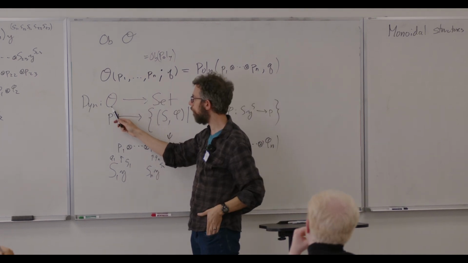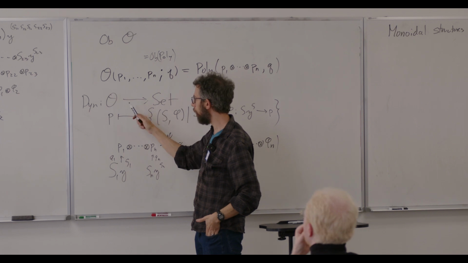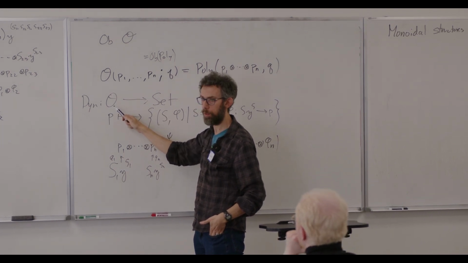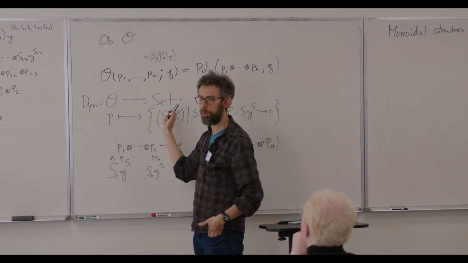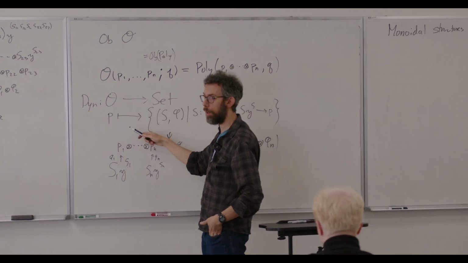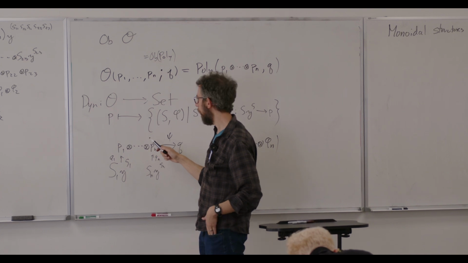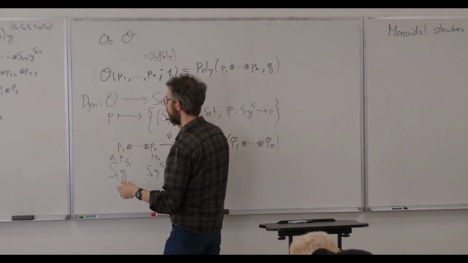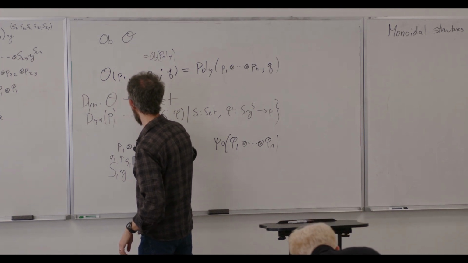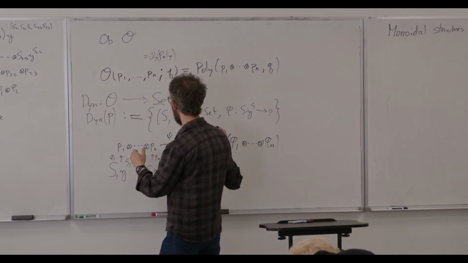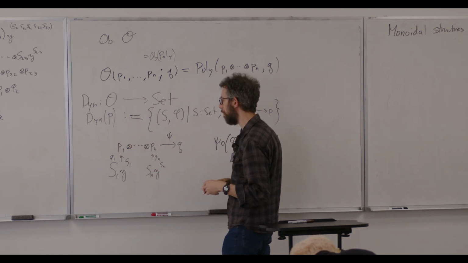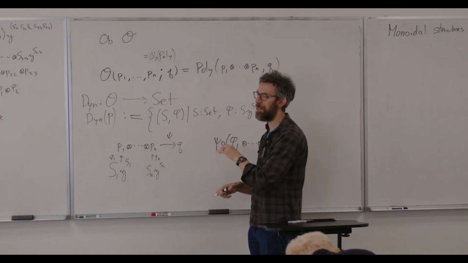So to give a functor from O to set, I tell you what it does on objects of O and on morphisms of O. For each object of O, I'm supposed to give you a set, and for each morphism of O, I'm supposed to give you a function. But you're interested in what I'm doing on objects. So dyn of P is equal to this set, and dyn of psi is somehow represented by this.